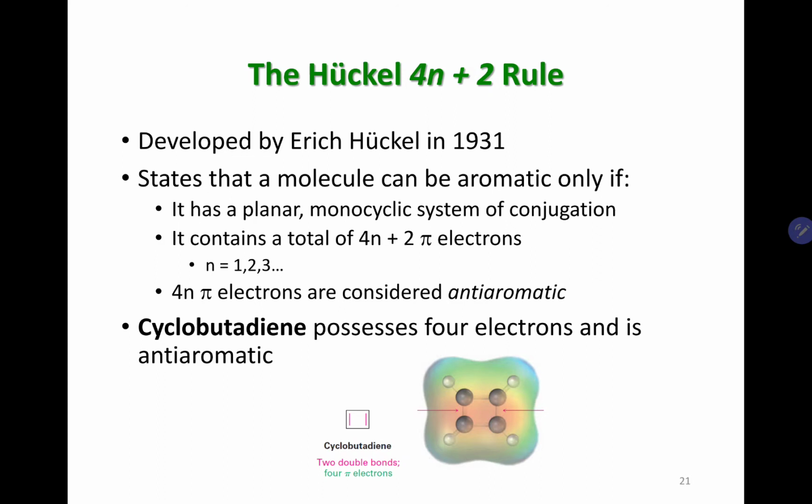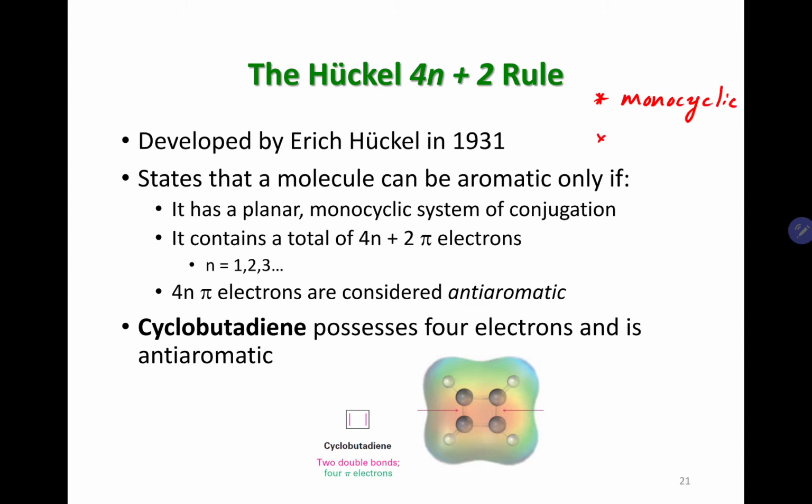In this 4n+2 rule, there is a checklist that molecules need to fulfill in order to become an aromatic compound. First of all, you have to have a monocyclic system. That is one.